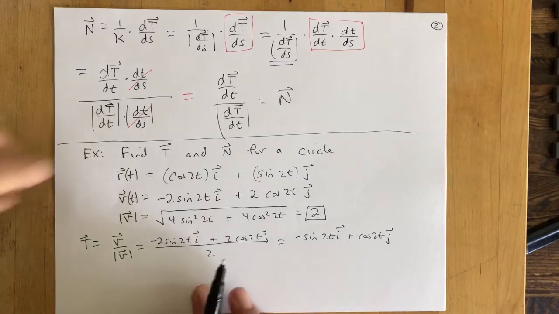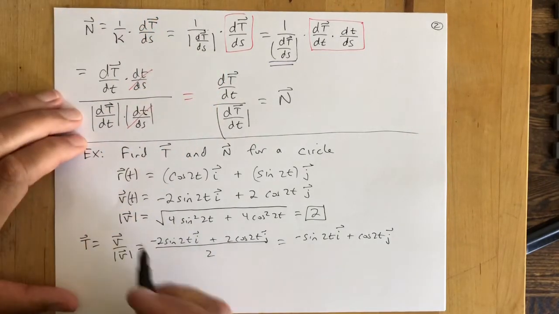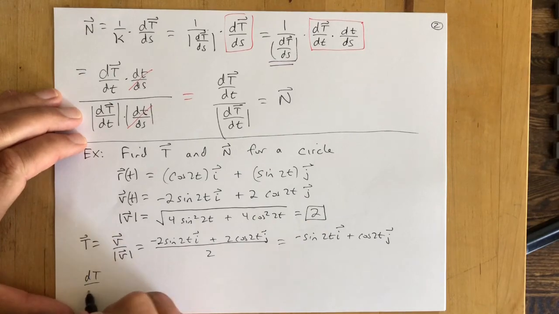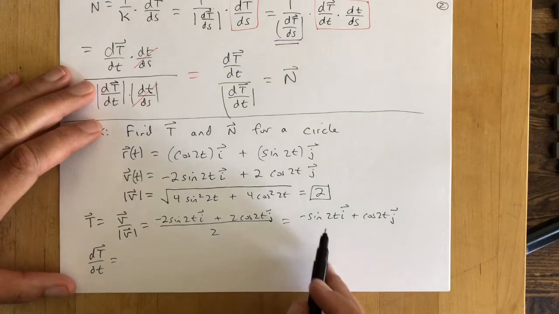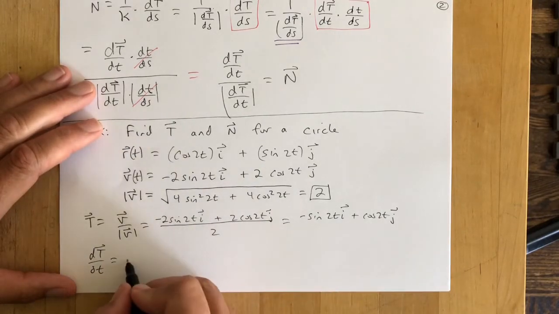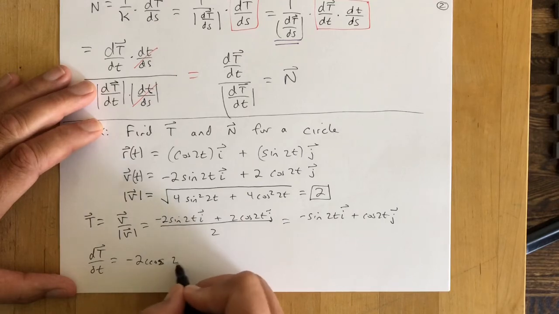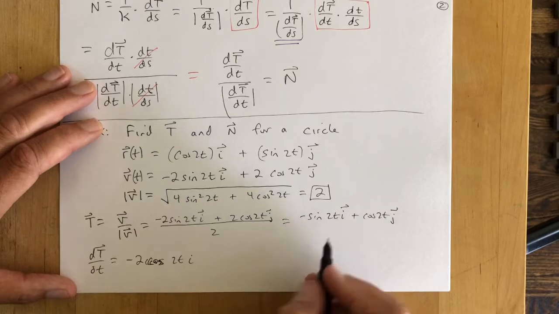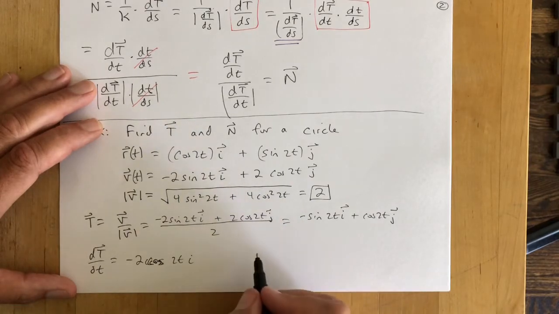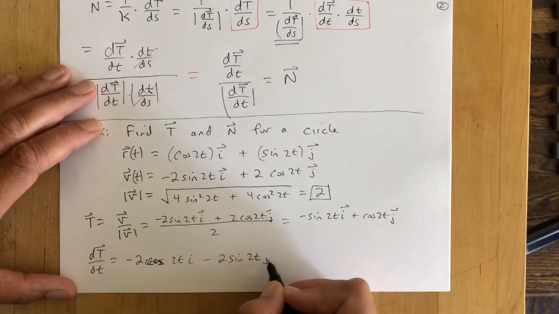All right, remember what N is. N is dT/dt over the length of dT/dt. So now we got to find dT/dt. Okay. So again, we take the derivative. This is minus 2 cos 2t i, minus 2 sine 2t j.